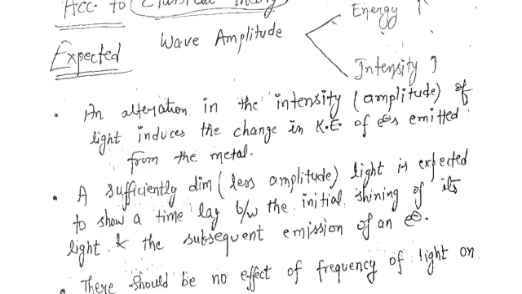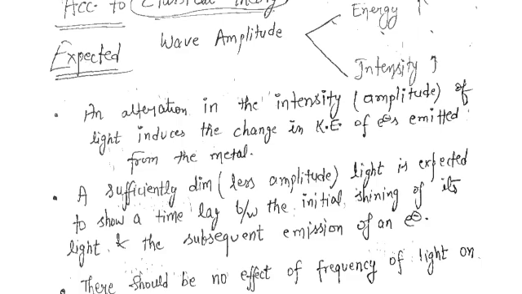Let me elaborate this with an example. Assume we have 5 joule energy of light incident over the metal surface to eject an electron requiring 5 joule of energy. So this light will transfer 5 joule of energy to the metal, which will emit 1 electron.